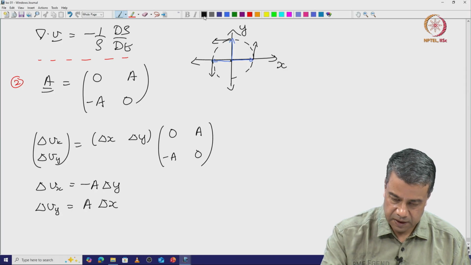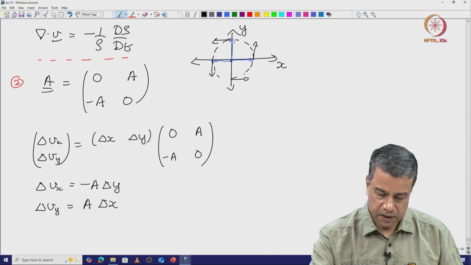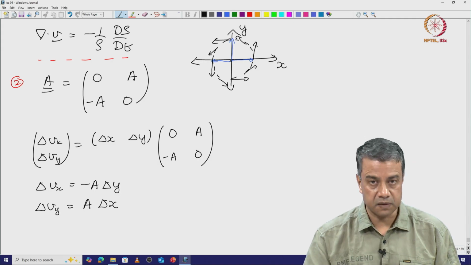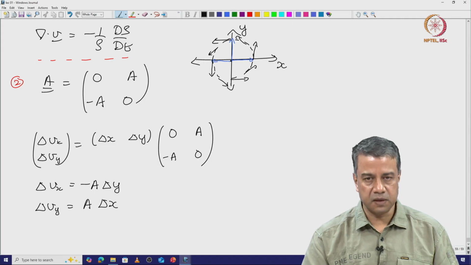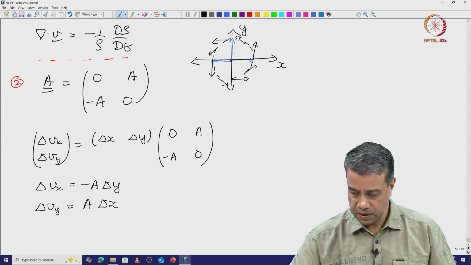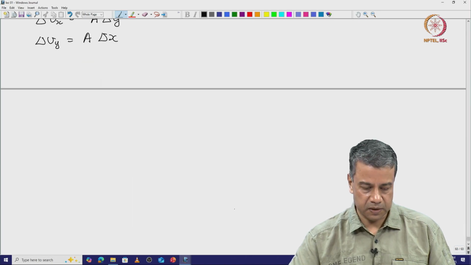So, therefore, I get a velocity that looks like this. And you can go in other directions, and on this circle where the displacement is equal, you will find that the flow looks like this. It is a rotational flow. This is a solid body rotation about the axis. So, the antisymmetric part of the rate of deformation tensor represents solid body rotation.